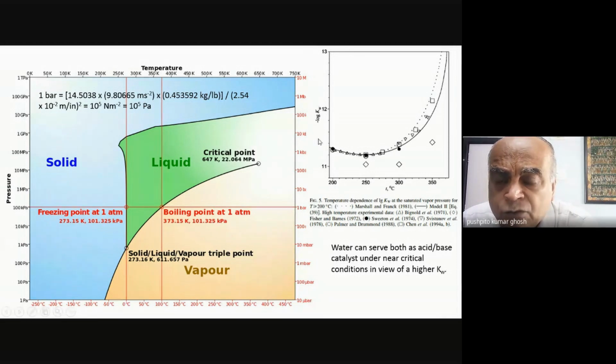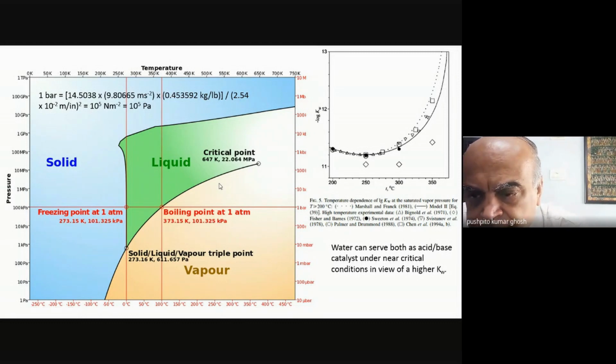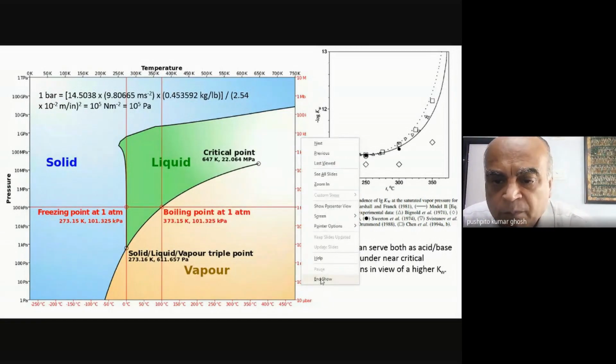But the pKw actually changes, and it tends to have a value which is lowest at around 250 degrees centigrade. 250 degrees centigrade is here. So near the critical point, but below the critical point, the pKw becomes lower. So if the pKw becomes lower, what does it mean? More ions will be formed. Absolutely, more ions will be formed.